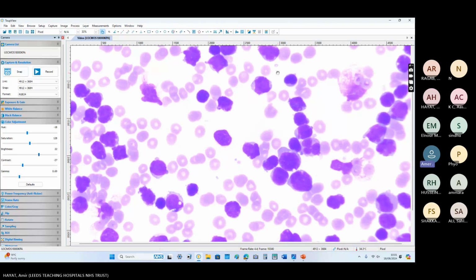What should we do in this patient to reduce the white cell count? Usually, if we suspect ALL, you start the pre-phase steroid and also cytarabine. But if it's AML, then we can do the cytoreduction with hydroxyurea. But I'm not sure what the protocol is in the UK.